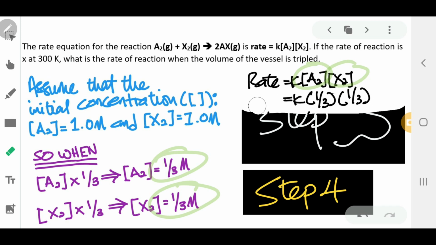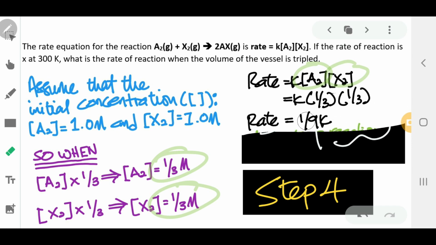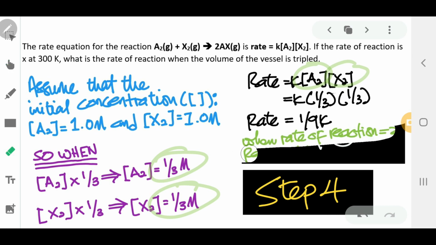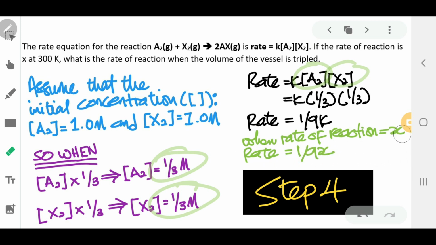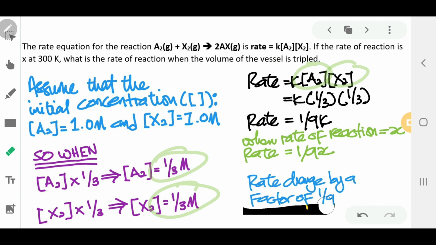Therefore, we will get K times 1 over 3 times 1 over 3, and you will get rate equals 1 over 9 times K. Because the question wants you to write in terms of X, when the rate of reaction is X at 300 K, the rate will equal 1 over 9 times X. For step 4, we just write that the rate changes by a factor of 1 over 9.